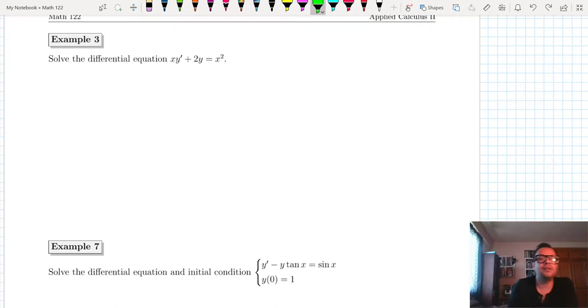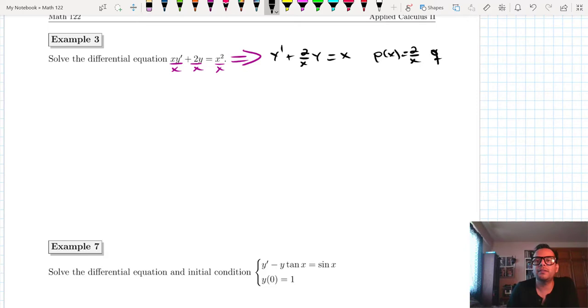We can get that done by dividing everything by x, turning the equation into y prime plus 2 divided by x, y equals x squared over x, that's just x, in which p of x equals 2 over x and q of x equals x.